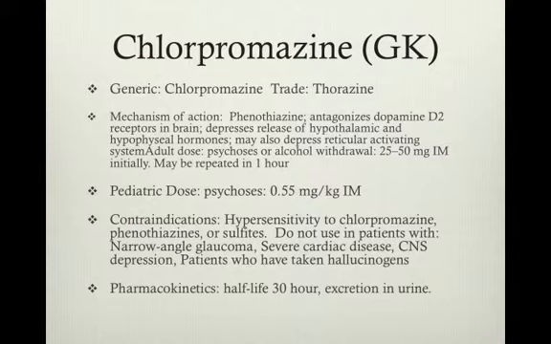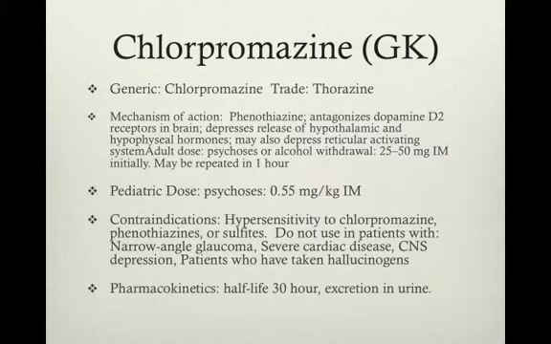Mechanism of action: phenothiazine antagonizes dopamine 2 receptors in the brain. Depresses release of hypothalamic and hypophyseal hormones. May also depress reticular activating system. Adult dose: psychosis for alcohol withdrawal, 25 to 50 milligrams. Initially may be repeated in 1 hour. Pediatric dose on this for psychoses is 0.55 milligrams per kilogram IM.